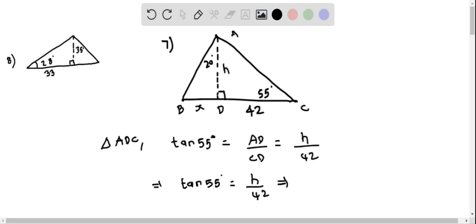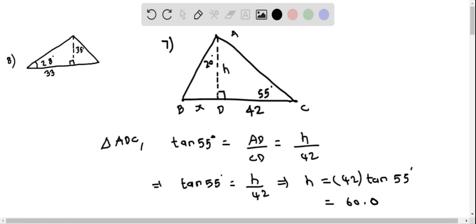So we can solve for h. When we multiply both sides by 42, we get h equals 42 times tangent of 55. When you plug this into the calculator, we get approximately 60.0. So the height of the triangle is h equal to 60.